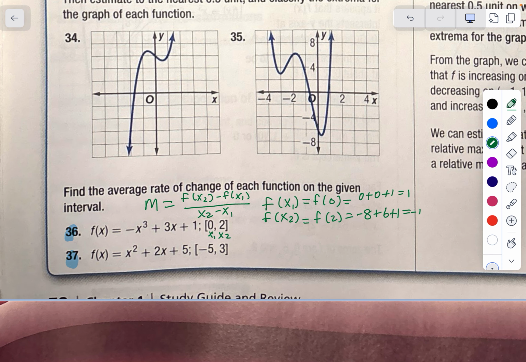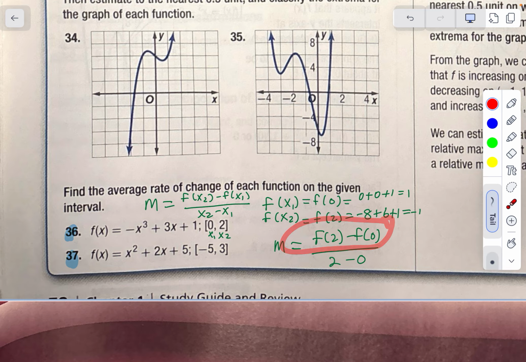Okay. And then once we do that, it's just the slope. So we're going to do f of 2 minus f of 0 over 2 minus 0. The reason this is nice to write is that you have the order nicely written.